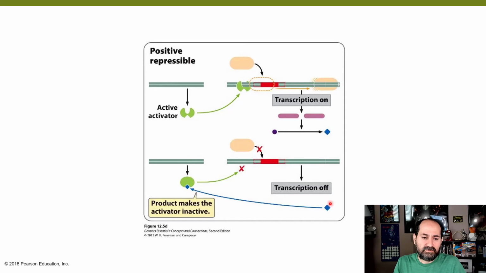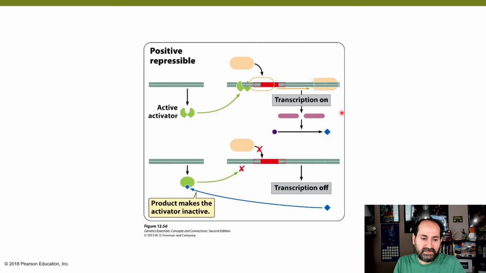So in this case, a small molecule will turn off gene expression. So you see what happens? A regulatory gene is expressed into an active activator. The active activator binds to the activator binding site, helping to promote RNA polymerase, and gene expression is normally on.